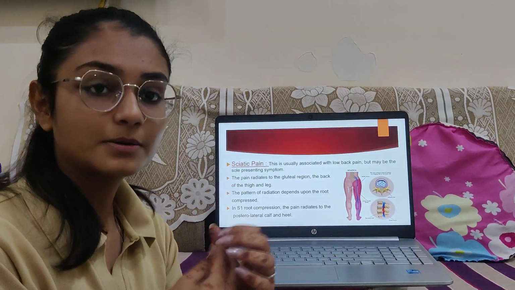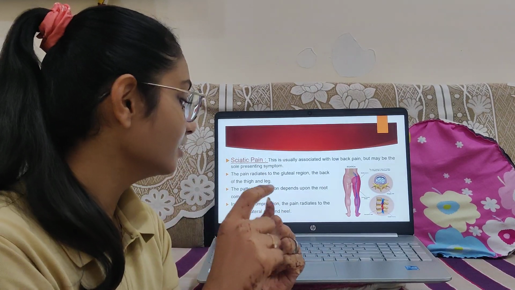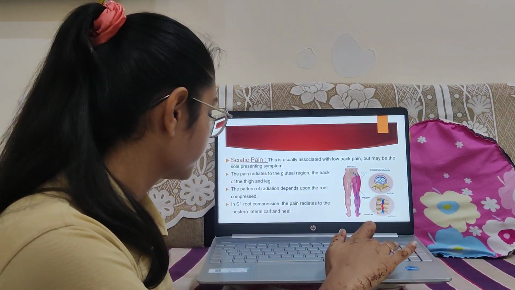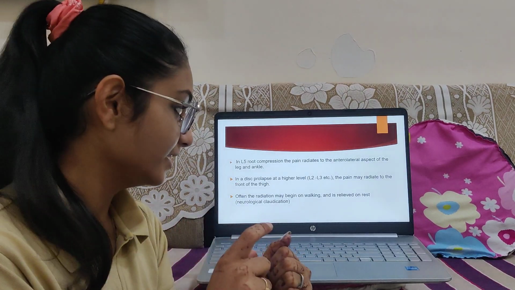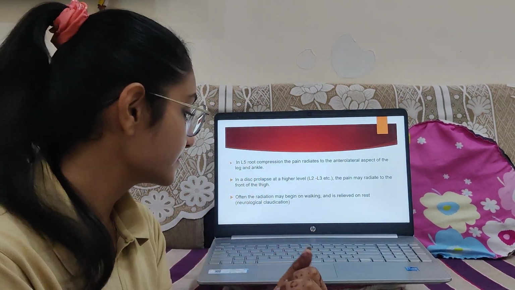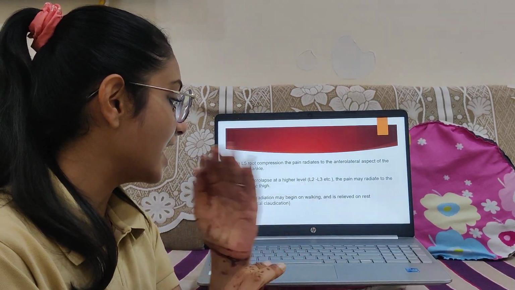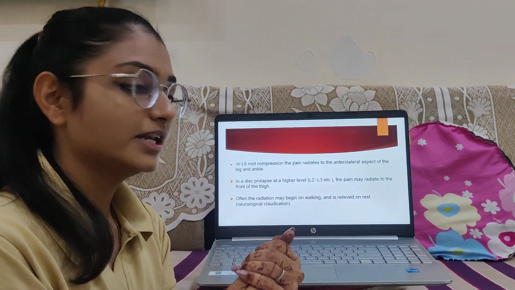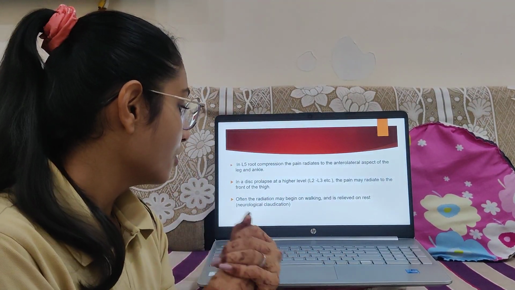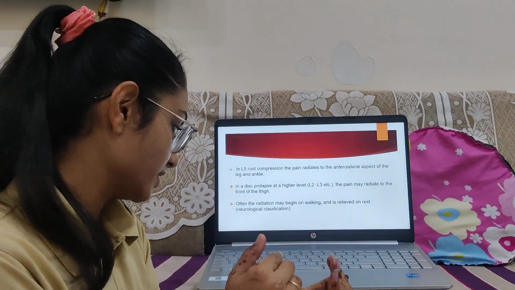In S1 root compression, the pain radiates to the posterolateral calf and the heel. In L5 root compression, the pain radiates to the anterolateral aspect of the leg and the ankle. In a disc prolapse at a higher level, that is L2 and L3, etc., the pain may radiate to the front of the thigh. Often the radiation may begin on walking and is relieved on rest.